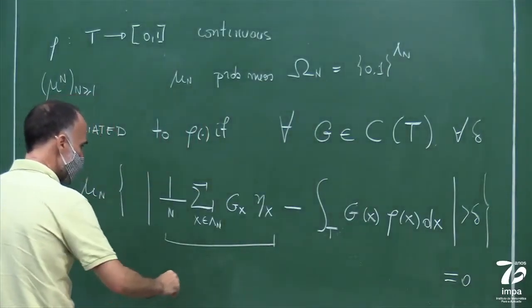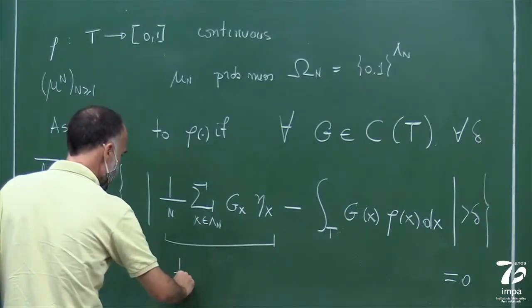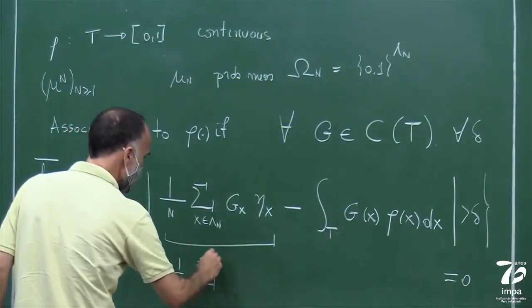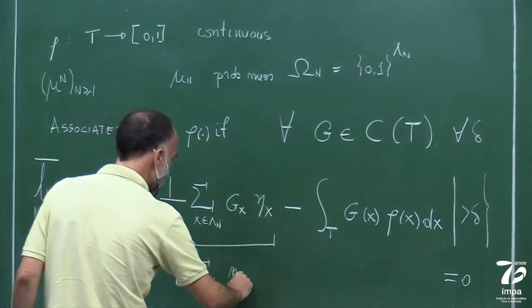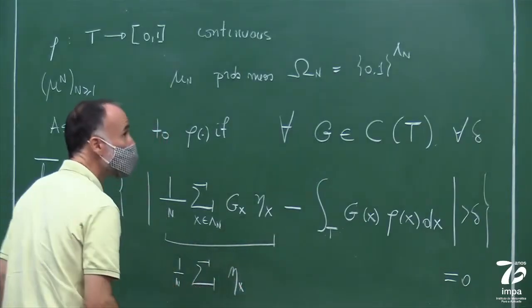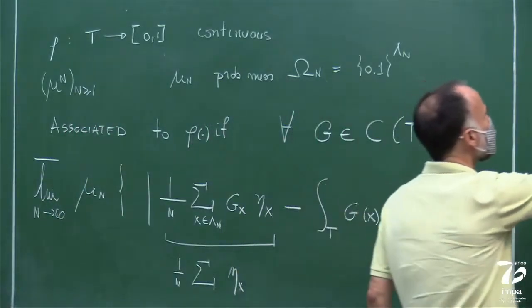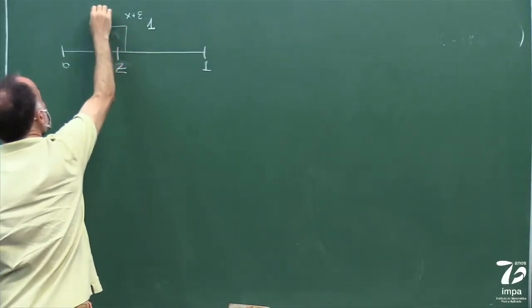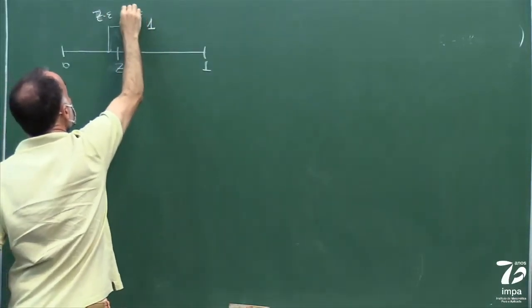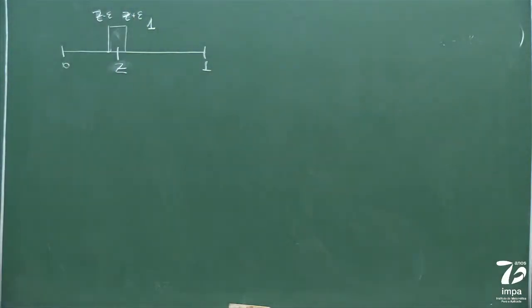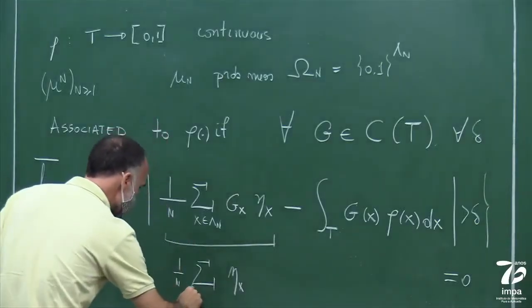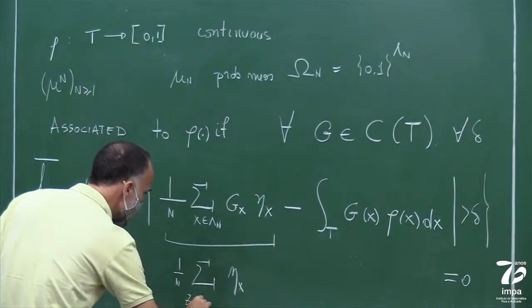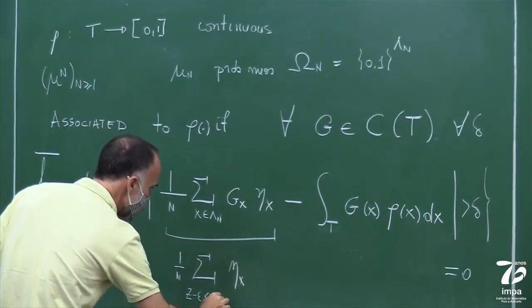Well, this is 1 over n, and I'm taking eta(x) for x between, so let me maybe call that z, x between z minus epsilon and z plus epsilon.